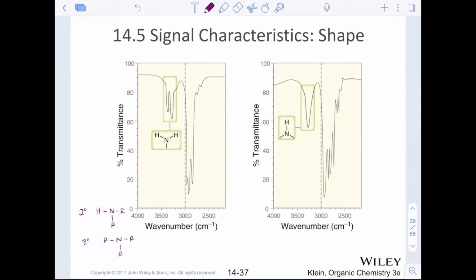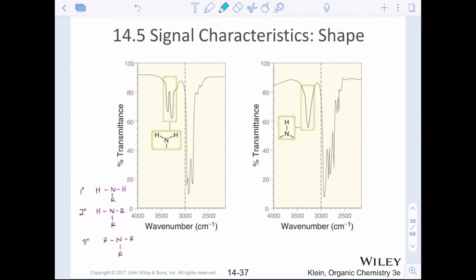It's counting up the number of carbons that are on the nitrogen itself. A primary amine means it has 1 carbon and 2 hydrogens. A secondary amine means it has 2 carbons and therefore 1 hydrogen. A tertiary amine will have all carbons, so no hydrogen.